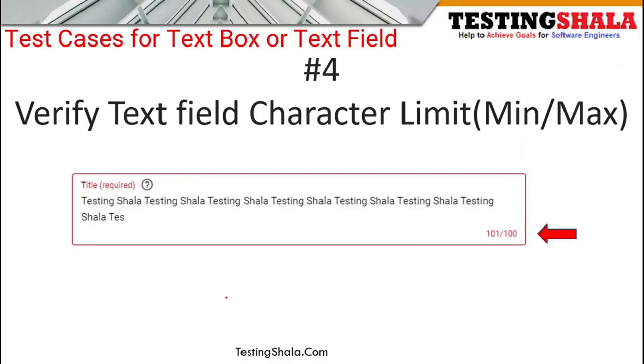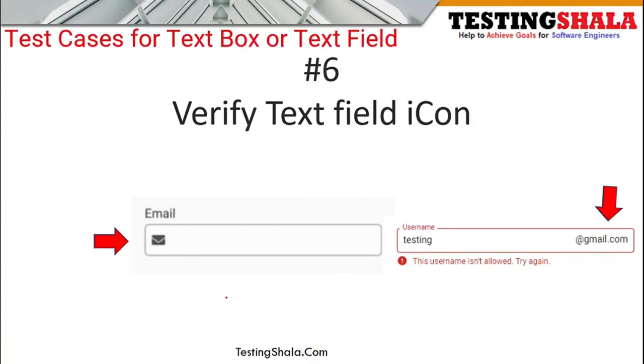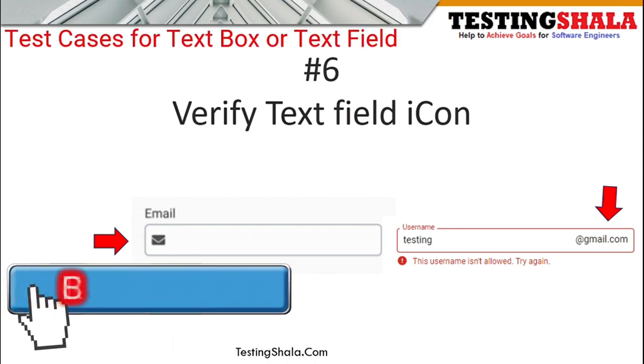Then the fifth test scenario you should validate here is the alignment of text in this text box or text field, whether the text is left aligned or right aligned. That is also required to be validated. The sixth test scenario you should take care of here is the icon for every text field.